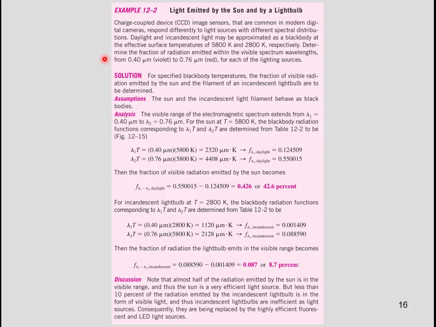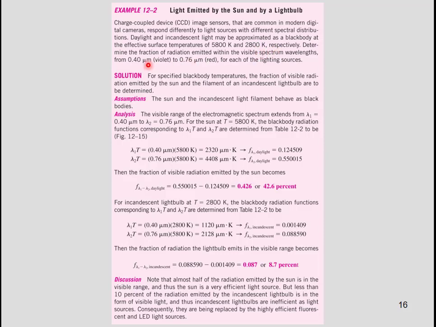Daylight and incandescent light may be approximated as a black body at the effective surface temperature. As I told you before, the temperature of the sun is 5800 Kelvin, and the temperature of incandescent light can be taken to be 2800 Kelvin.